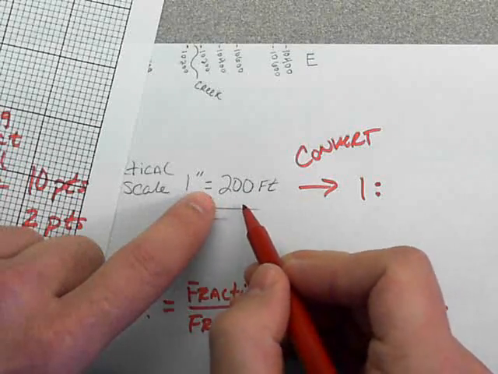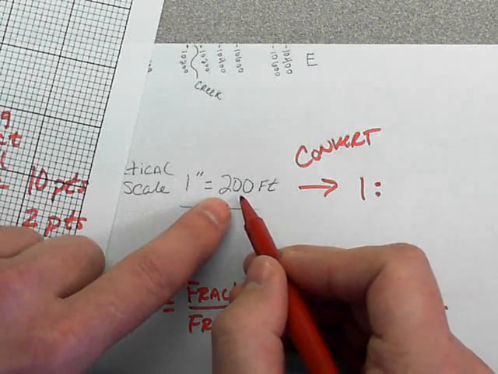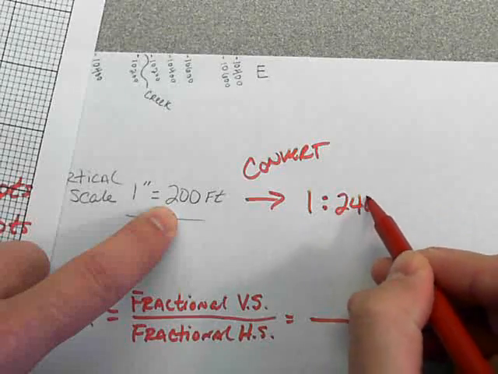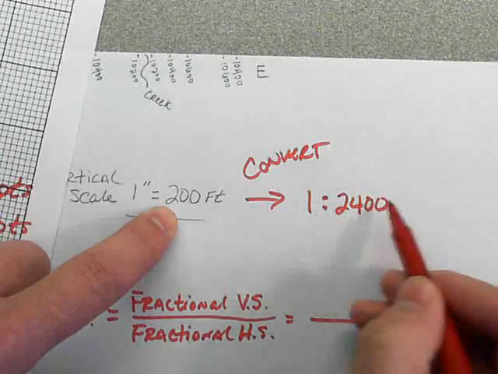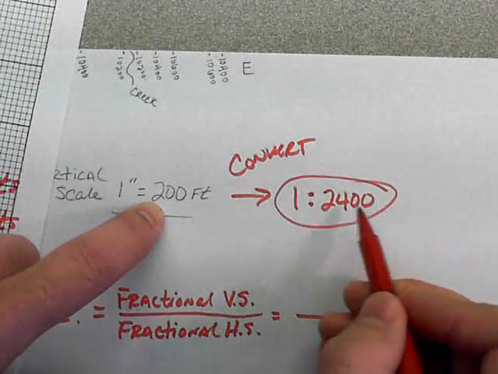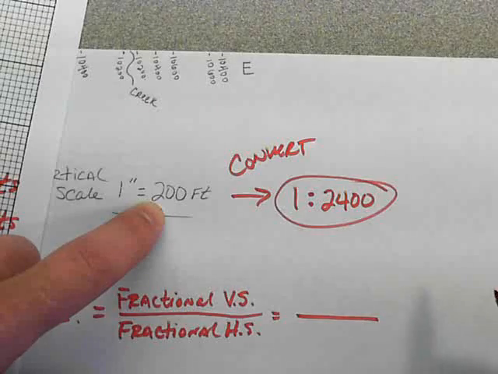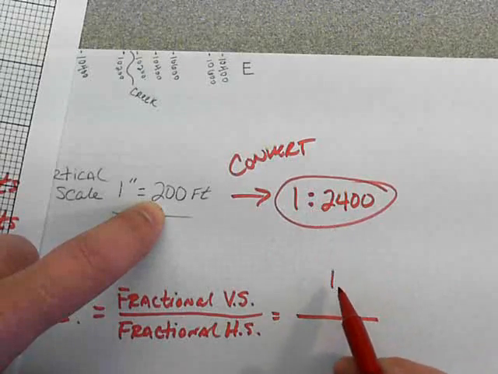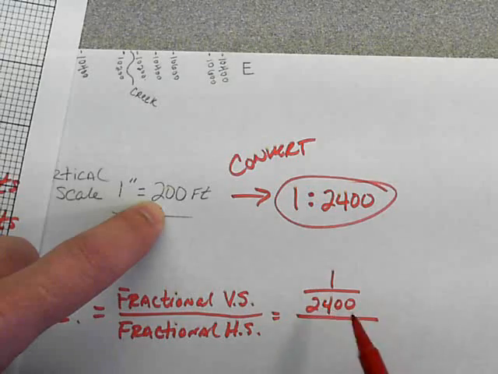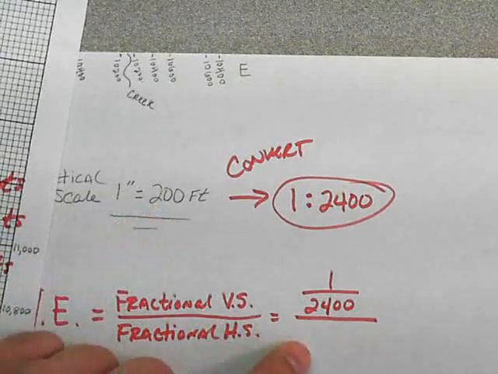So I would just multiply this 200 by 12, and that gives me 2,400. Now it's a fractional scale. It's fractional because it has no units and it has a colon. So this is the same thing as writing a fraction, and that goes in the numerator of our formula here.